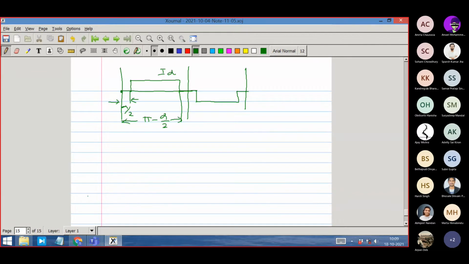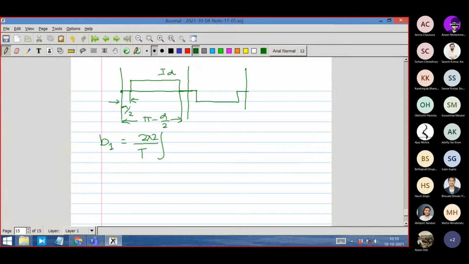So what is the expression? What is it that we have to do? That is integration we have to do. We are finding out the fundamental component only. So B1 is equal to, the formula is 2 by T, 0 to T. In that integration, we already know that the positive part and negative part will be equal.